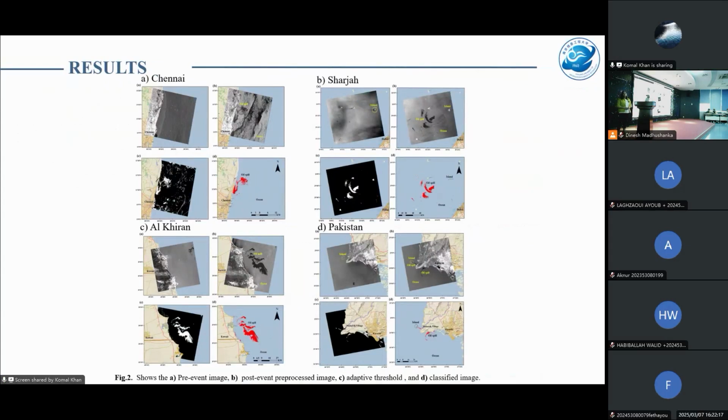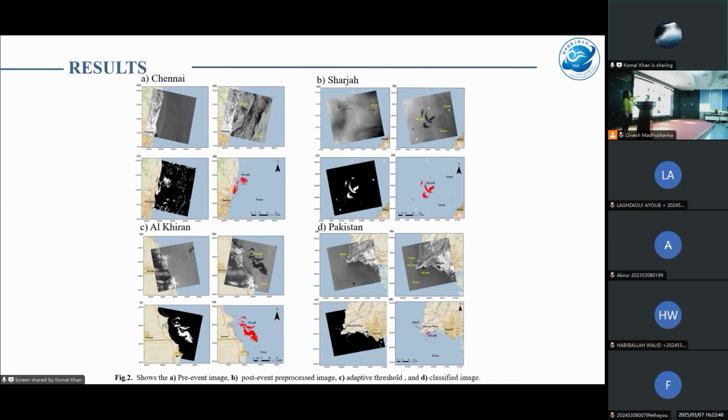So these are the results of oil spill detection. I'll just explain the first image, the Chennai oil spill. Part A of the Chennai oil spill represents the pre-event image when there was no oil spill. You can see no oil-like phenomena is present in the image.